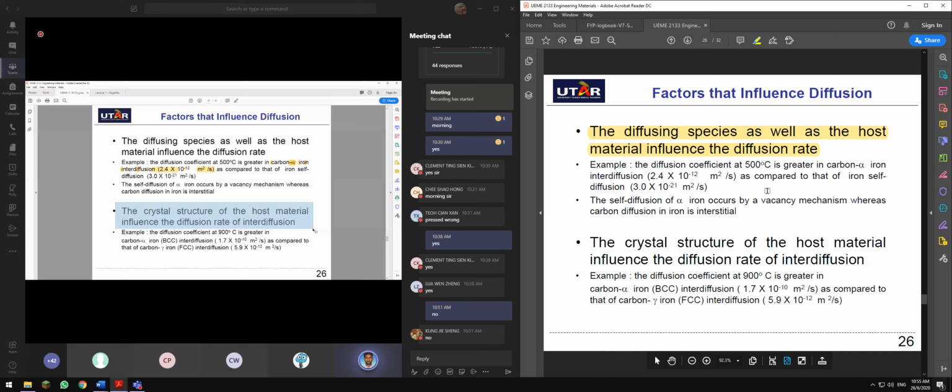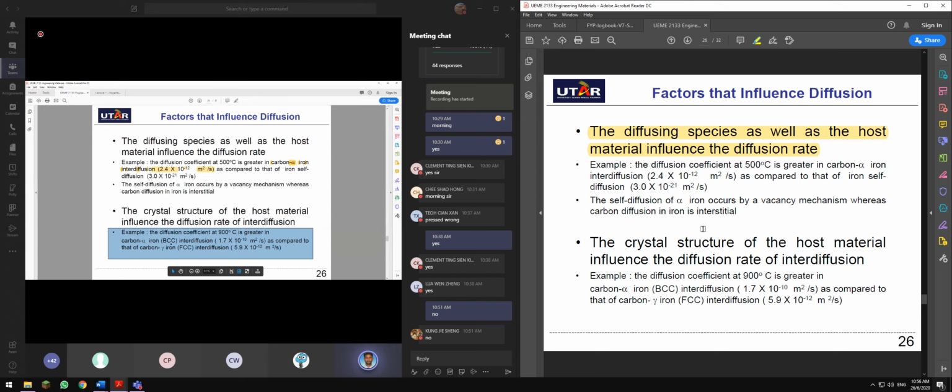For example, between BCC and FCC, the diffusion coefficient at 900 degrees Celsius is greater for carbon in alpha iron, BCC interdiffusion, which is 1.7 times 10 to the power of -10, as compared to that of carbon in gamma iron, FCC interdiffusion, which has a value of 5.9 times 10 to the power of -12.